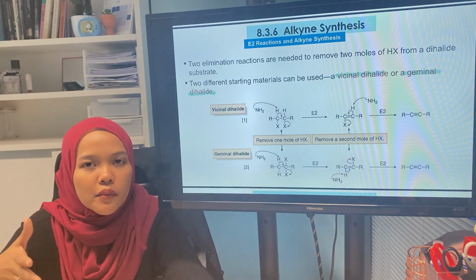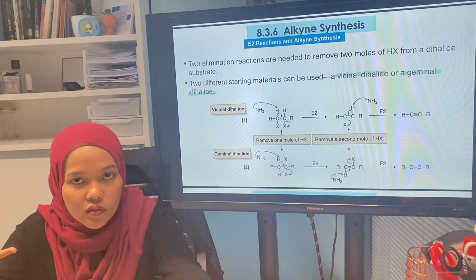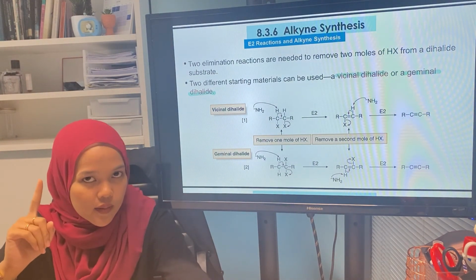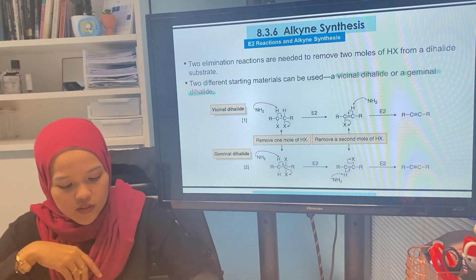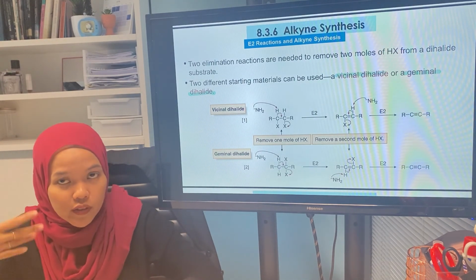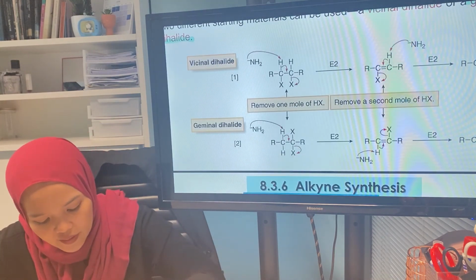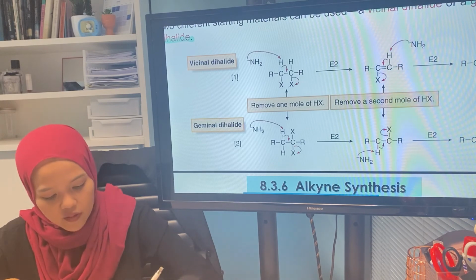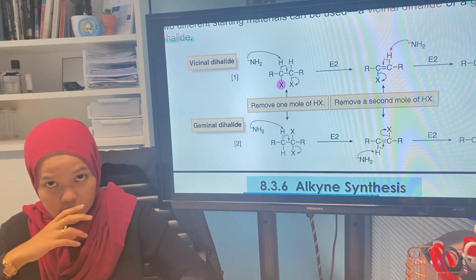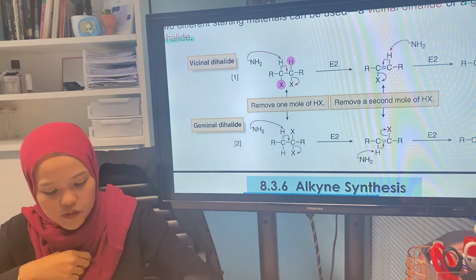If you still remember, when I talked about alkyne addition reaction, I have discussed this one with you, correct? With the Markovnikov rule and so on, right? So it's just the reverse one. So if you have vicinal dihalide, in the first part, you're going to remove this X and this hydrogen.